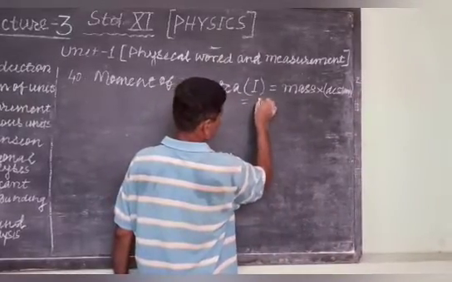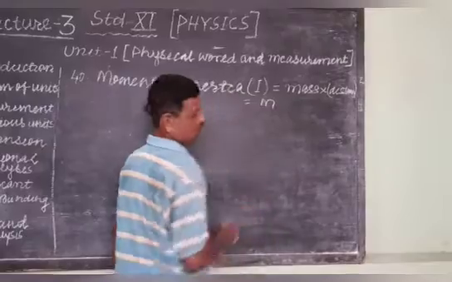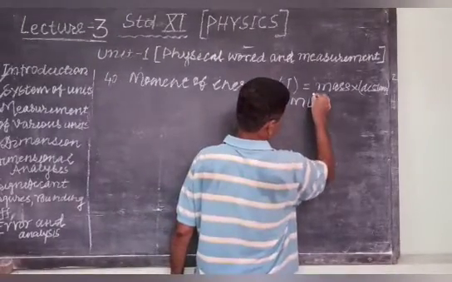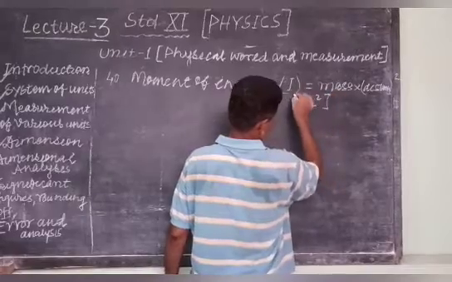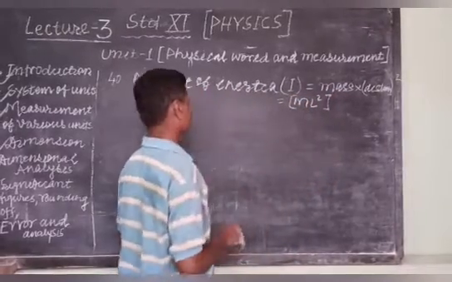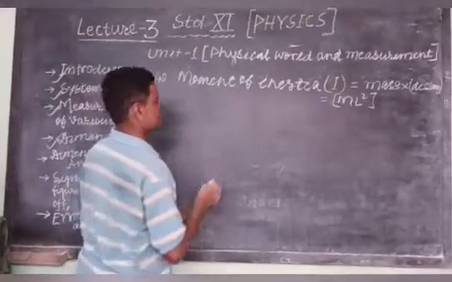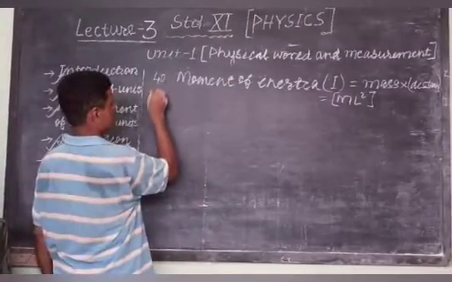Mass is m, and the dimension of distance is L, so it is m L square. We will go through the chapter in detail. Basic concept: mass into distance square.